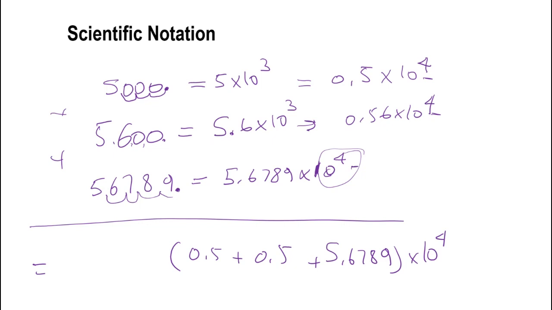Once you do that, you use the rule of significant figures. It will be 6.6789 times 10 to 4. But now we need to pay attention. This one, how many significant figures do I have? Remember, this one has 1 after the decimal point, this one has 1 after the decimal point, this one has 4. I will take the least significant figures after the decimal point. Least significant figures, it will be just 1. In this case, what will I have? I have 6.6.